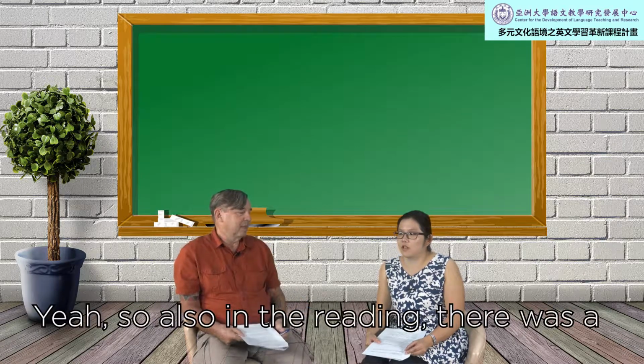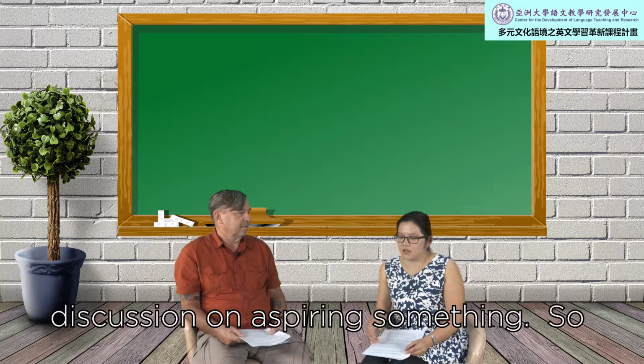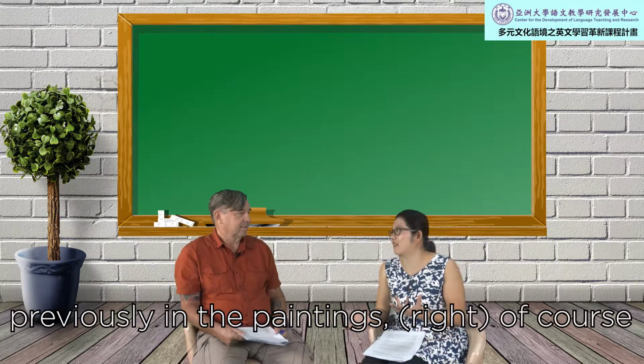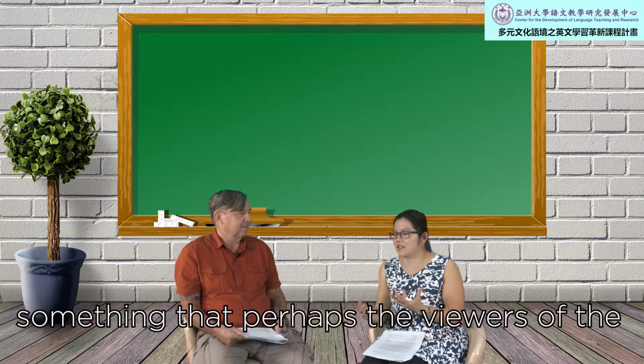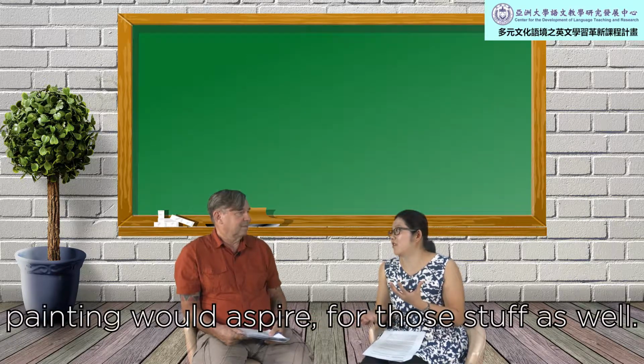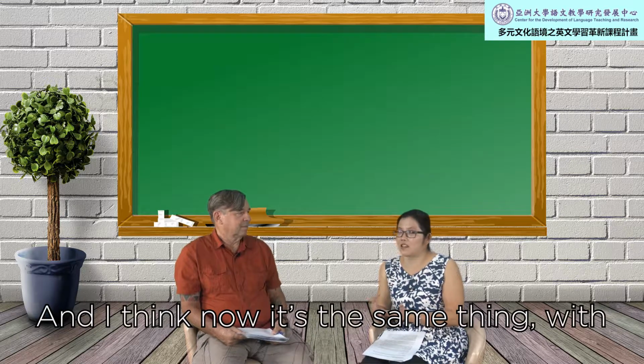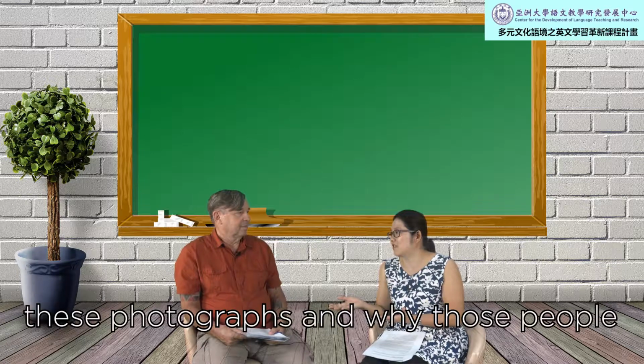Yeah, so also in the reading, there was a discussion on aspiring. Previously in the paintings, of course for the middle classes, we added something that perhaps the viewers of the painting would aspire to as well. And I think now it's the same thing with photographs.